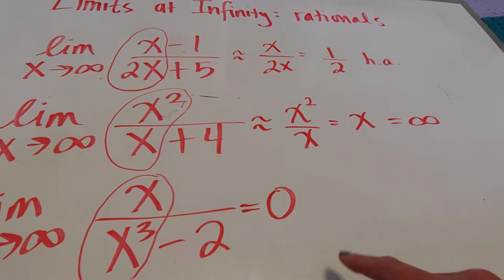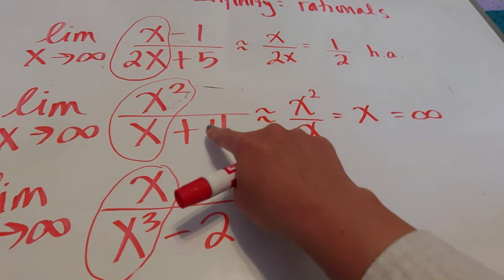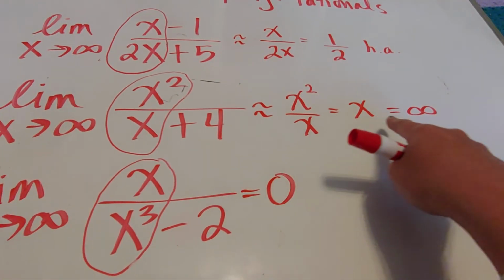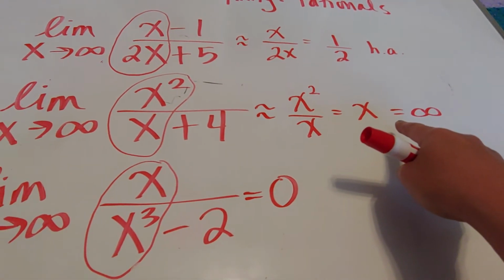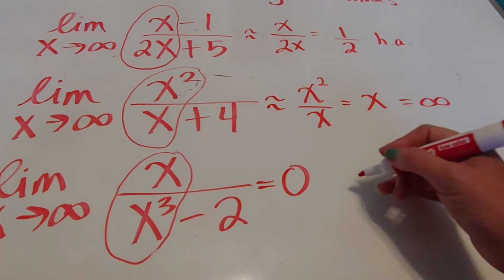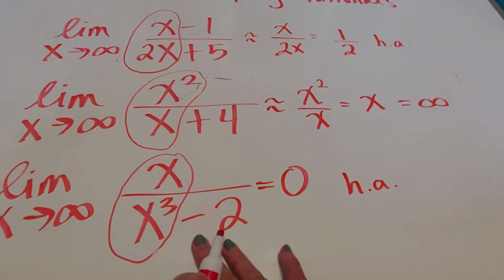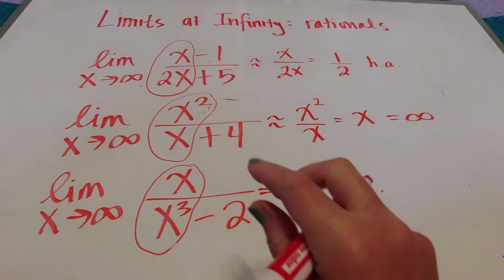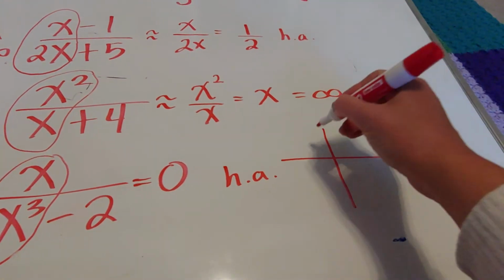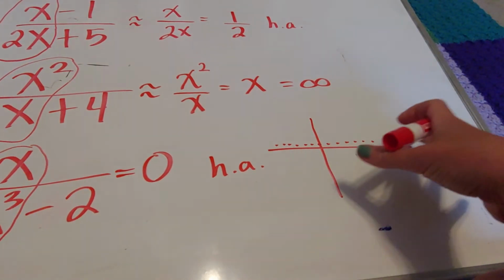Now, since we're talking about horizontal asymptotes for a second, let's talk about this guy. If I'm going off to infinity, there's no horizontal asymptote. There's nothing keeping me flat or attracting me to it. This one, this number 0, is also a horizontal asymptote for this function. Horizontal asymptotes are basically a line, and that line, for example this guy's, is at 1/2, and it acts like an attractor to the function.